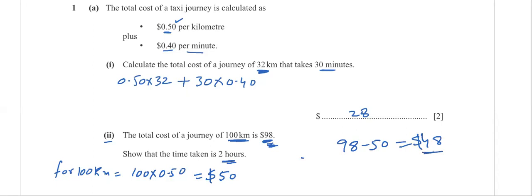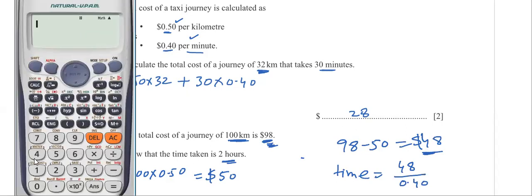If I have to calculate the time for that one, we know per minute is 0.40. So if I want to check that $48 will be how many minutes, total cost is $48, per minute cost is 0.40.